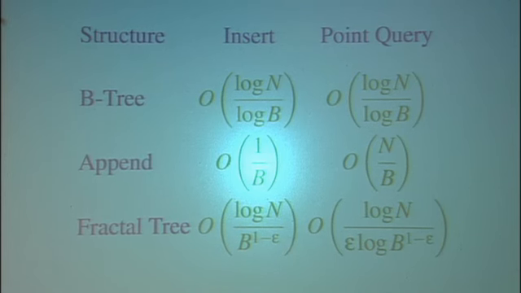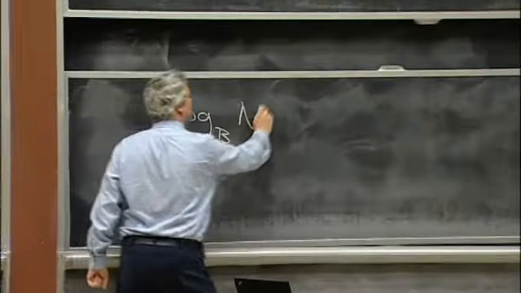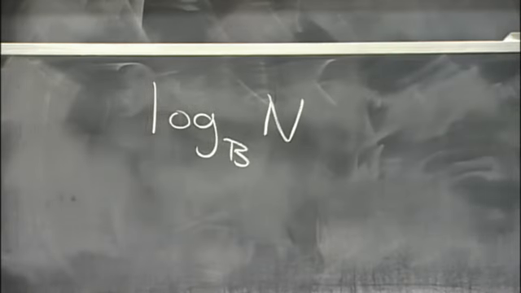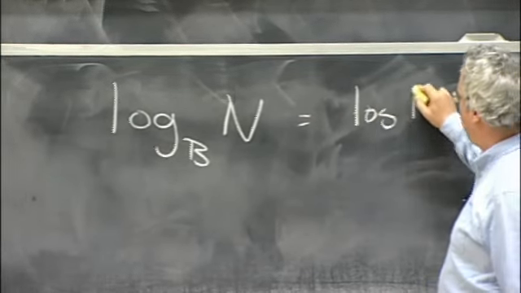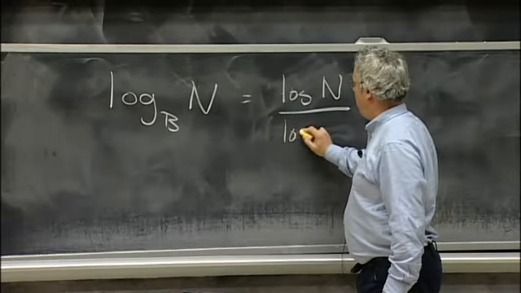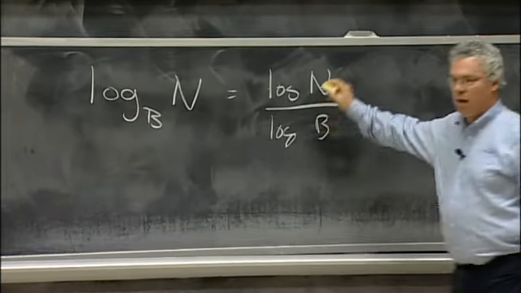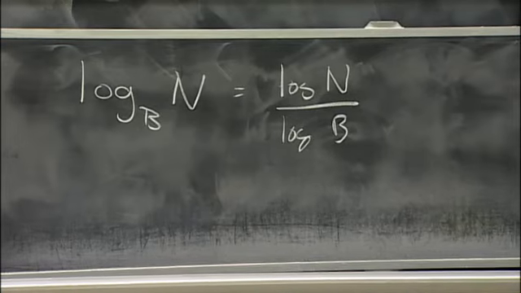So the cost of a lookup is log n over log B. You may not be used to manipulating these, but usually people write this as log base B of n, which is the same as log n over log B. I'm going to write it this way because then it's easier to compare things.